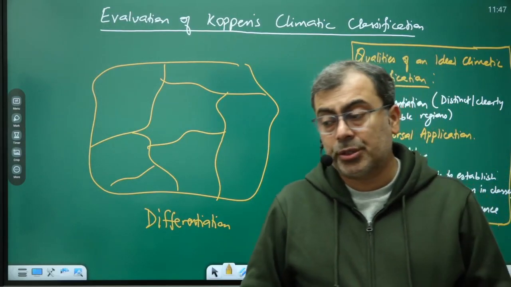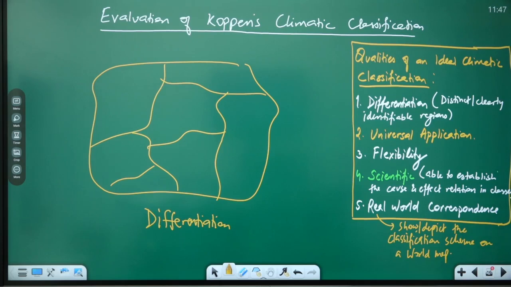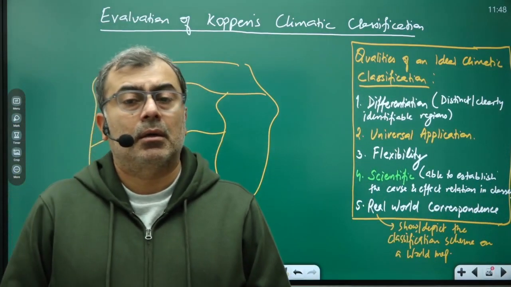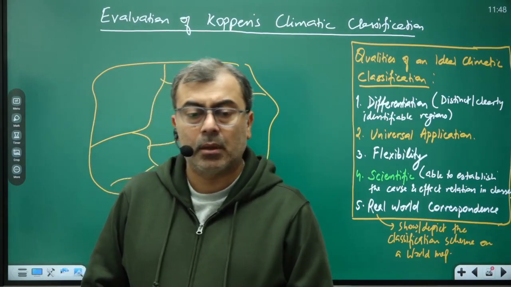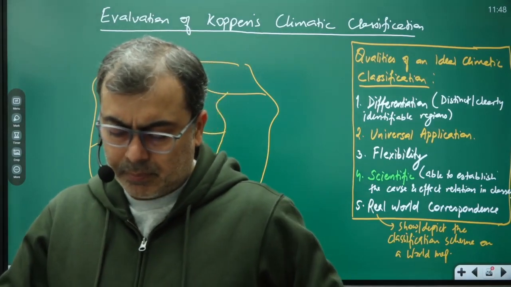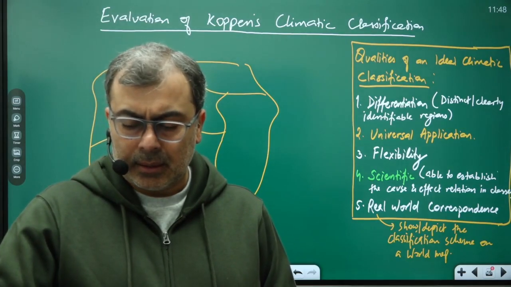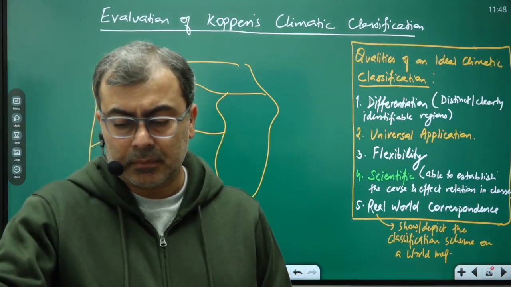In bracket, which the critics oppose on grounds that climatic regions lack linear boundaries. Bracket close.